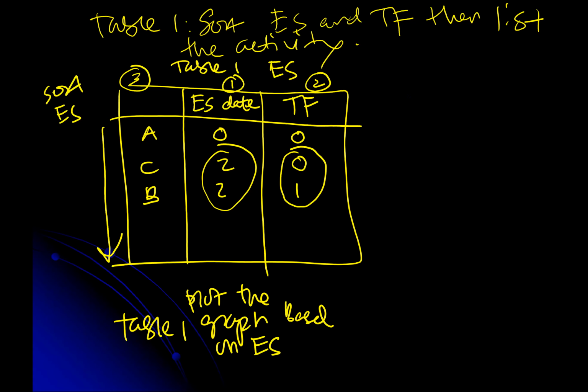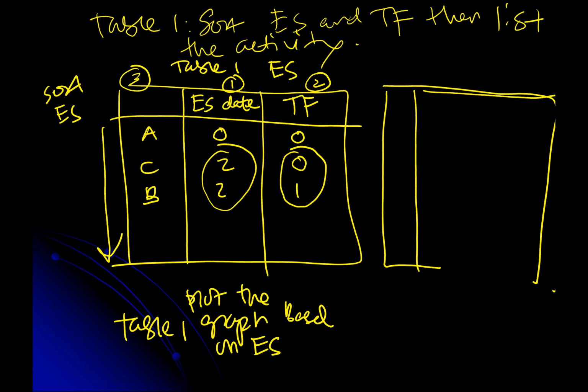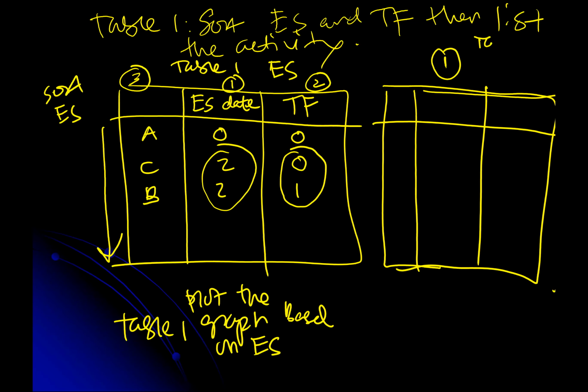Then you repeat the same thing again, but now you also have 3 columns. This is what we call table 2, late start. This is the late start date, this is total float, and this is the activity.